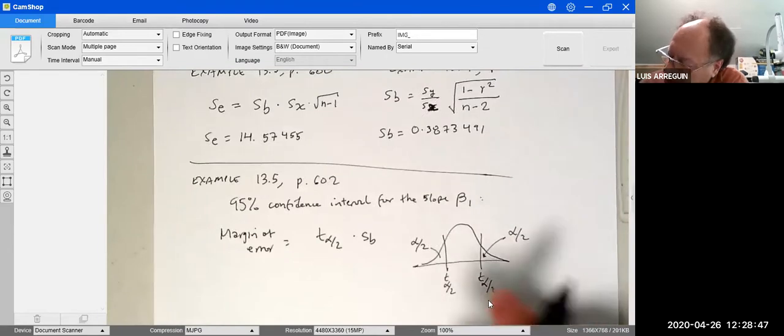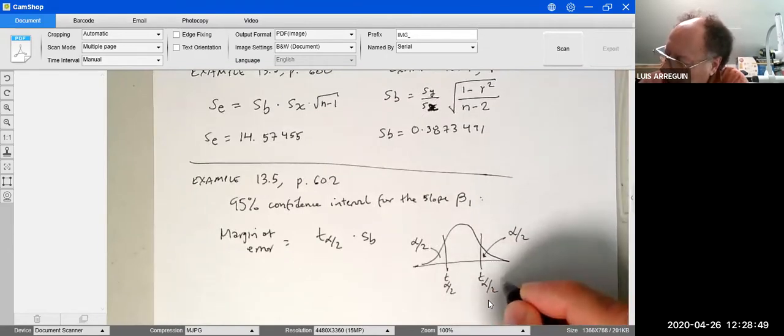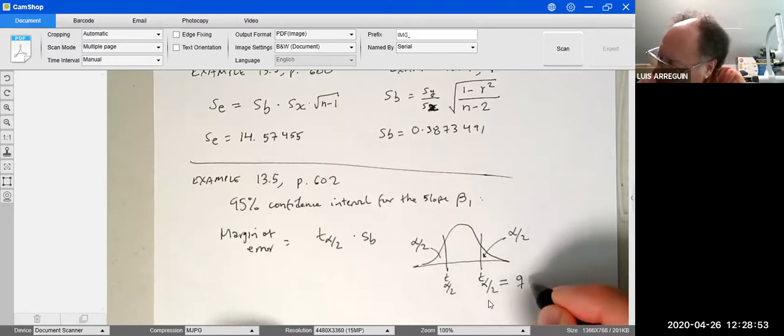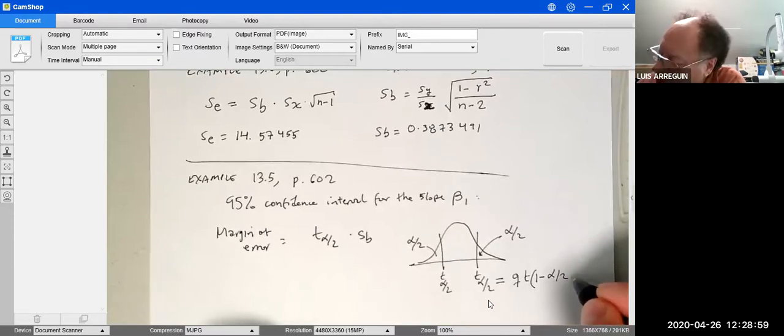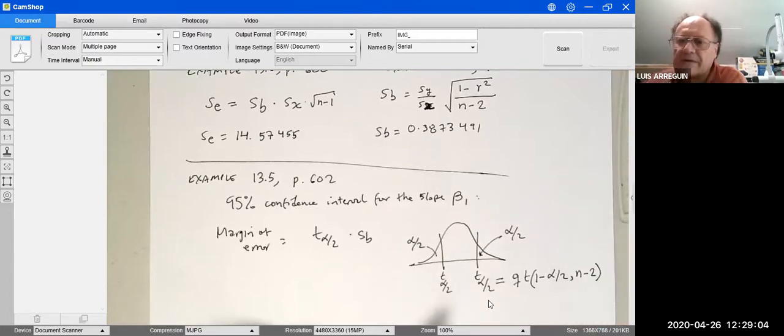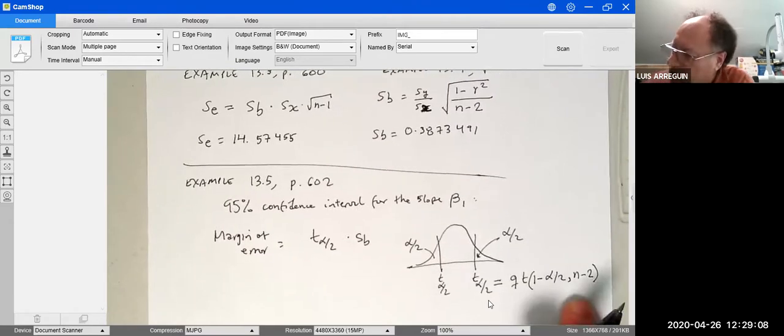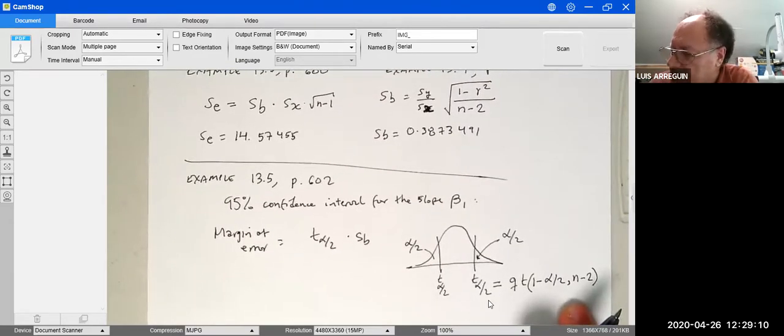If you remember, this critical value is obtained by using the function qt with 1 minus alpha over 2, comma, the degrees of freedom, n minus 2 in this case. Before we used only n minus 1 for degrees of freedom because we only had one data set. Now we have two data sets, so our degrees of freedom are going to be n minus 2.